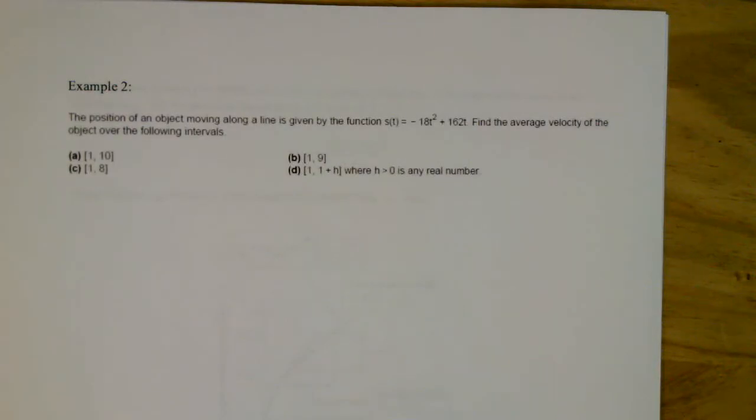All right, now let's look at example 2. In example 2, we're told this: the position of an object moving along a line is given by the function S of t is equal to negative 18t squared plus 162t. And here I want to find the average velocity of the object over the following intervals.